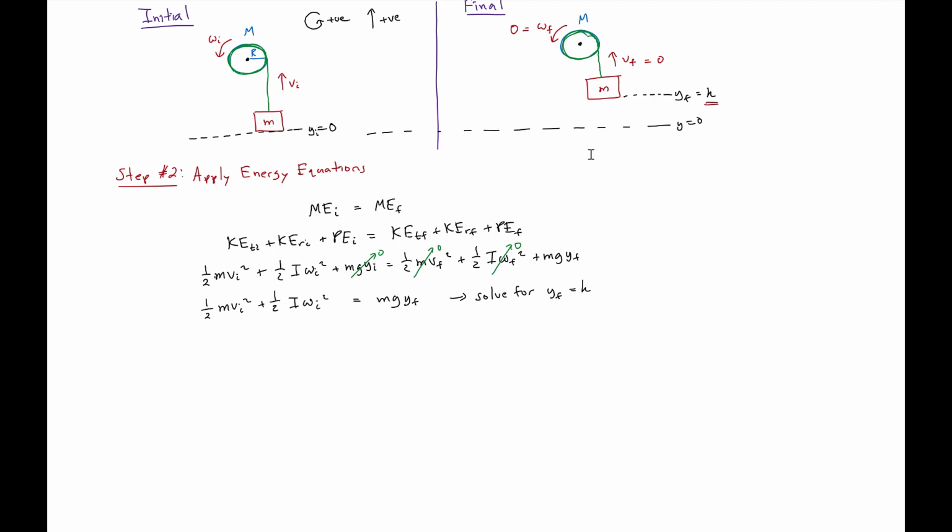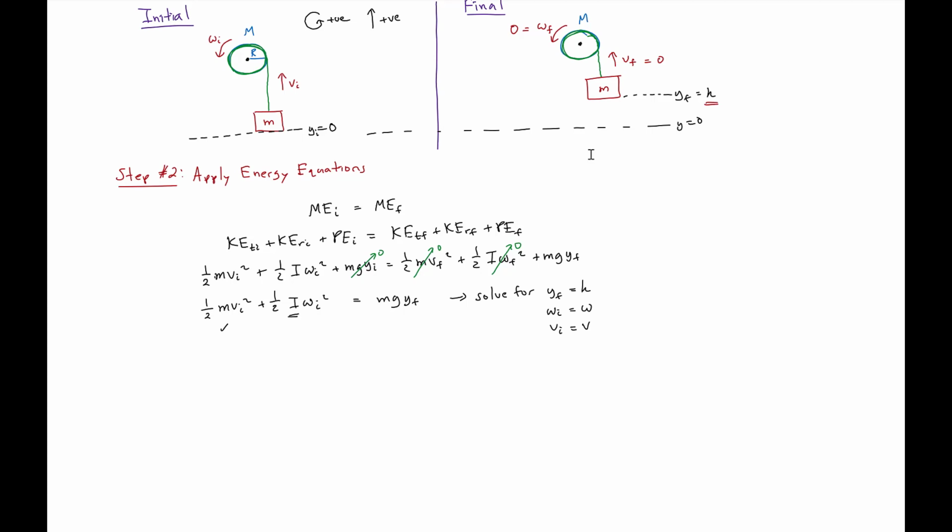We have omega I given to us as omega. We have the initial velocity as v. We do know that the mass of the pulley is capital M, but that's nowhere here. We have the hanging mass as little m, so this is fine.